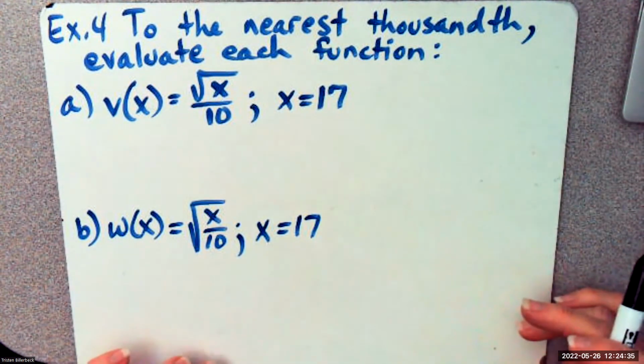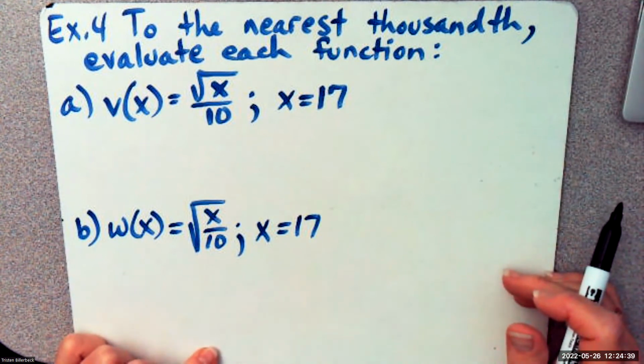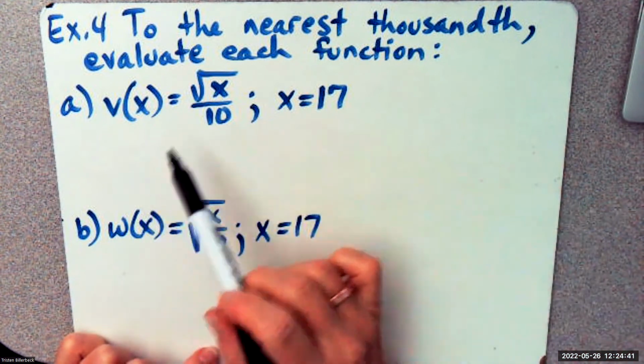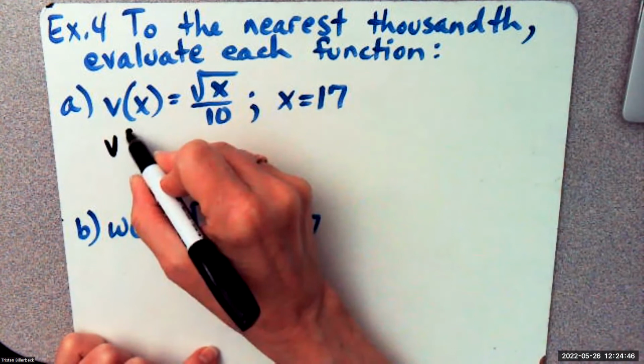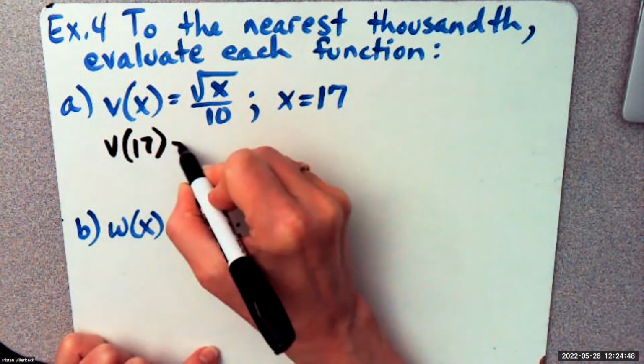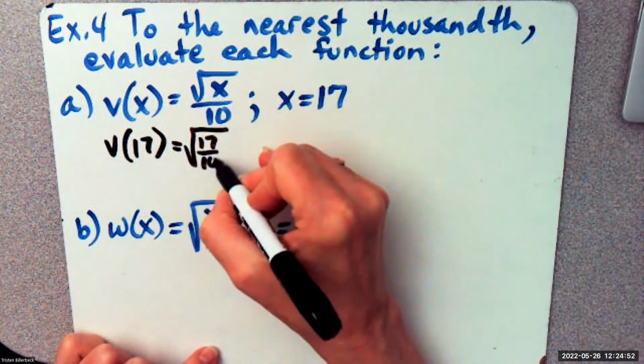All right, to evaluate to the nearest thousandth, evaluate each function. So we are just going to do v of 17, which is the square root of 17 over 10.